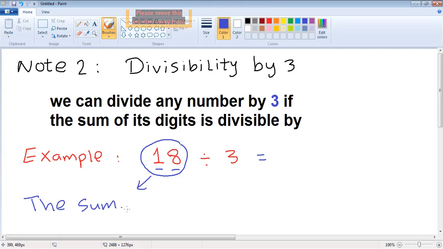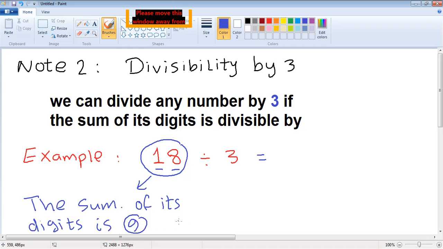So the summation of its digits is 9. And we can divide 9 by 3, right? Yes.